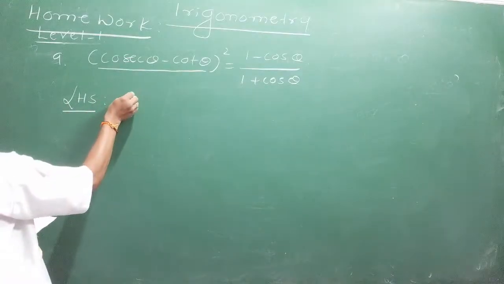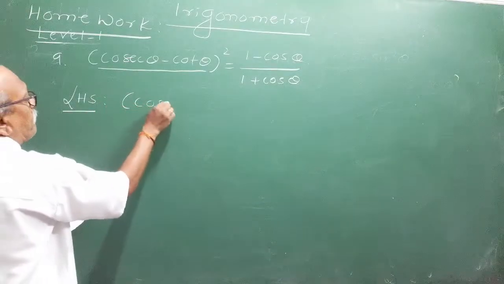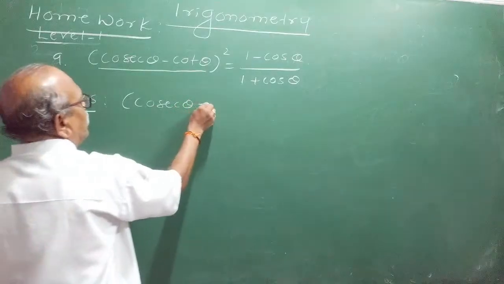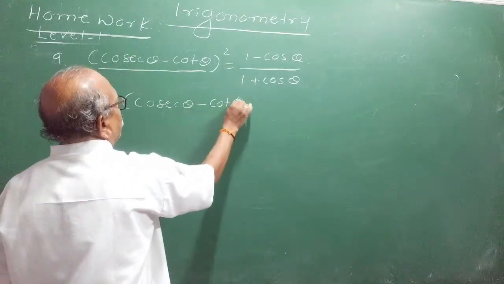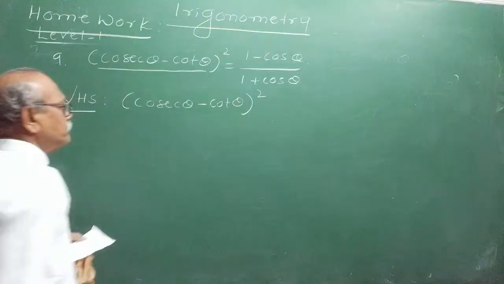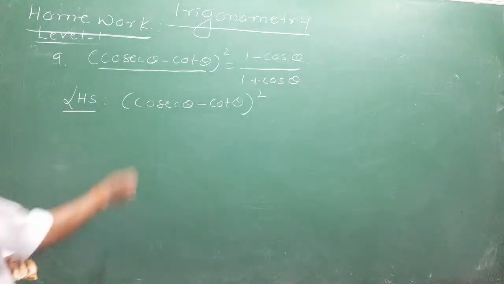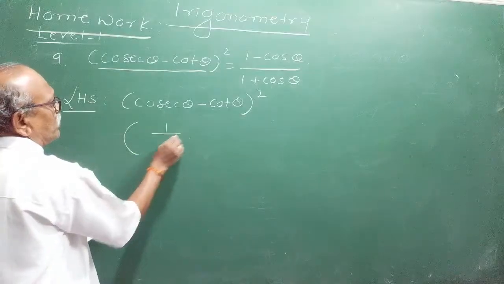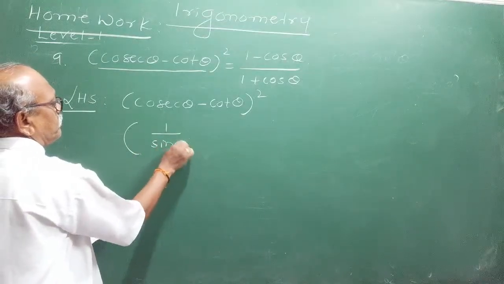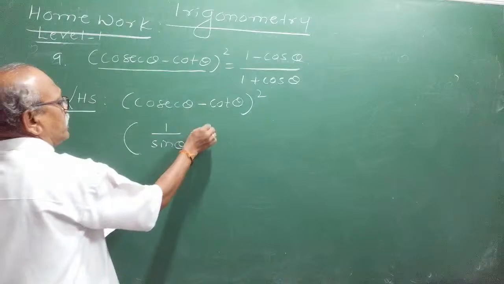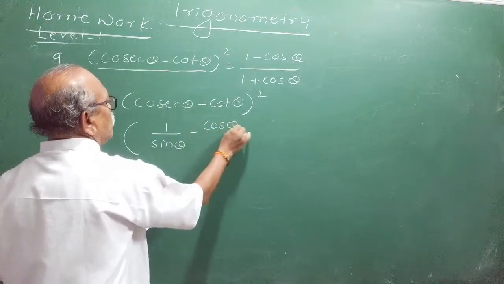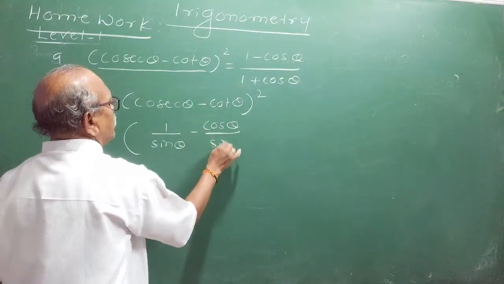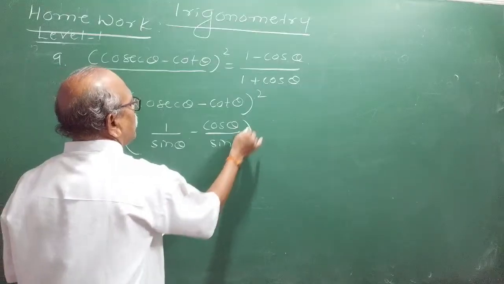Write cosec theta minus cot theta whole square. We'll write cosec theta in terms of sine. Cosec theta can be written as 1 upon sine theta, minus cot theta can be written as cos theta upon sine theta, the whole square.